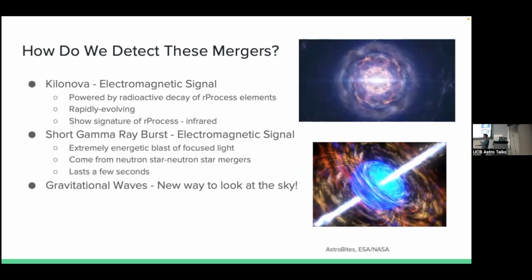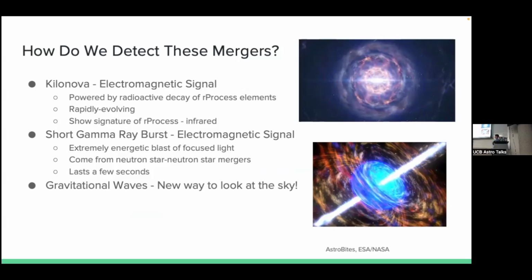You undergo the r-process, you make all of those extremely radioactive elements, all those elements decay, and just like how nuclear reactors work, the decaying elements heat up the water, heat up all that shrapnel from the collision, and it glows. And so we can potentially spot that. We're looking for it.